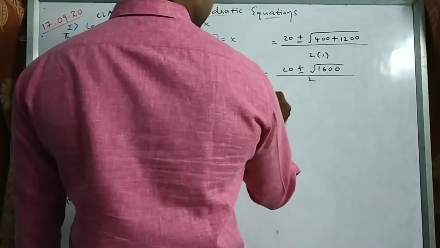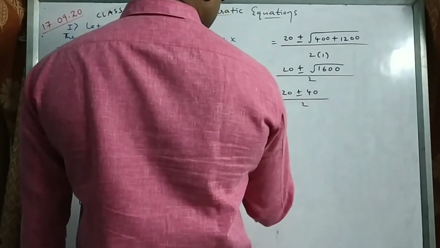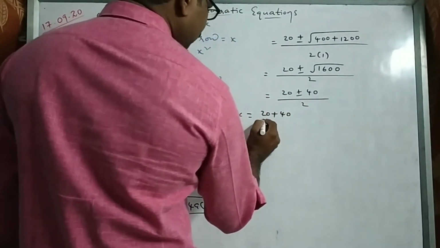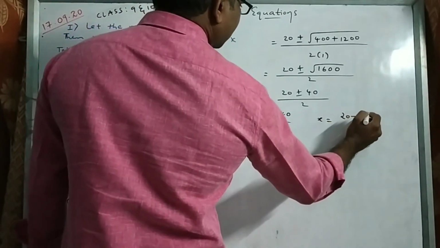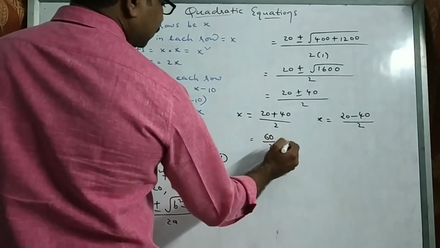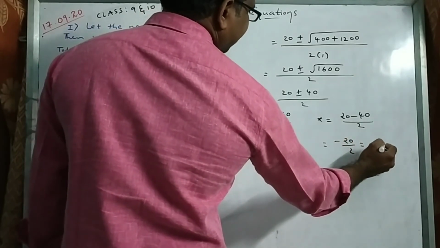It is very clear, 1600 square root is how much? 40 upon 2. So x equal to 20 plus 40 upon 2, x equal to 20 minus 40 upon 2. So 60 by 2, 30. This is minus 20 by 2, means minus 10.